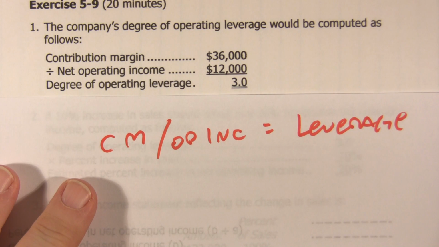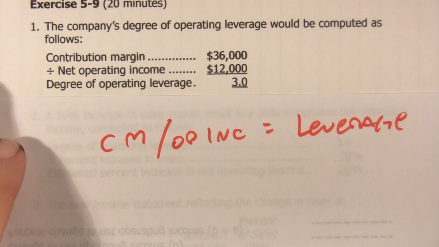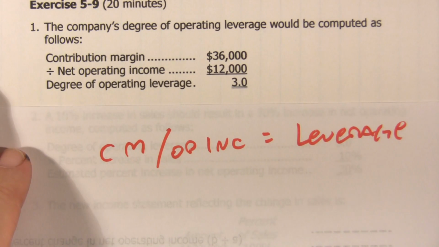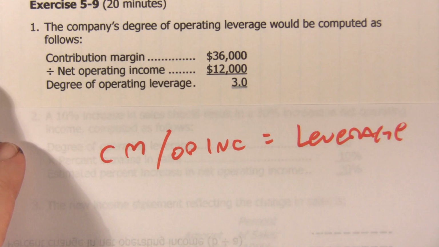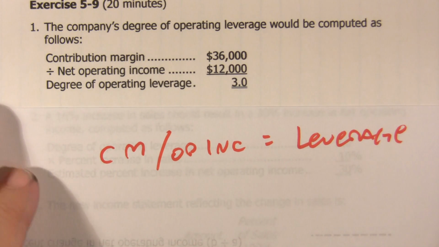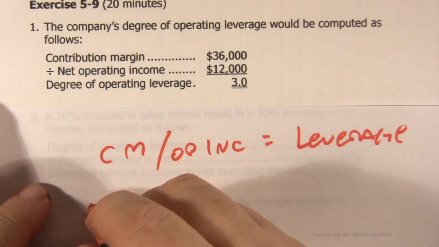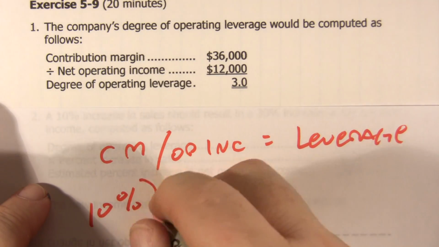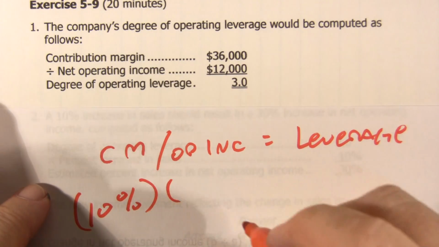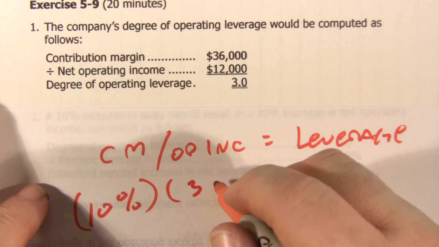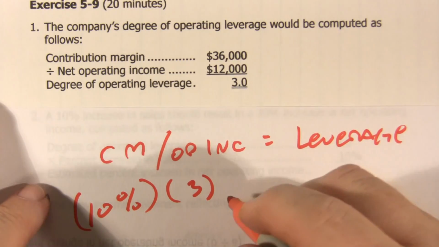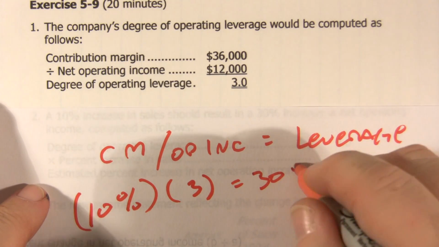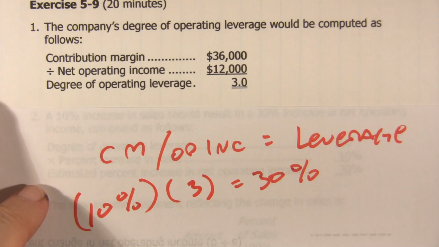So it then says, based on that information, using the operating leverage to estimate the impact on net operating income of a 10% increase in sales. So if we increase our sales by 10%, we will increase our net income by 30%.